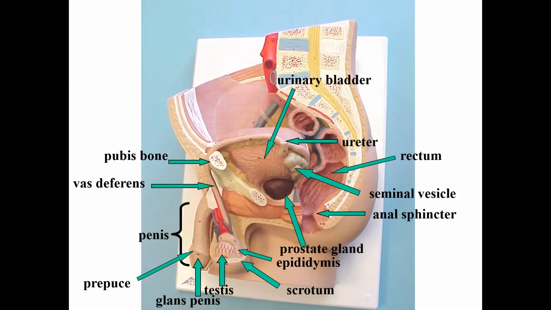In other words, they stick their finger up the anus into the rectum. And since there's a very thin wall of tissue between the rectum and the prostate, the healthcare provider is capable of palpating the prostate to check for prostate cancers.